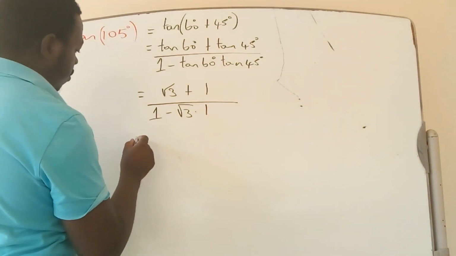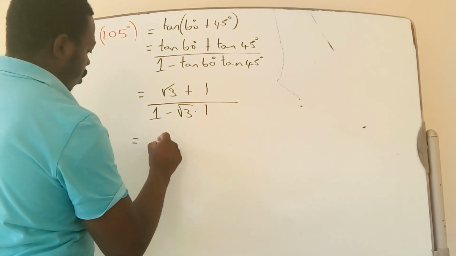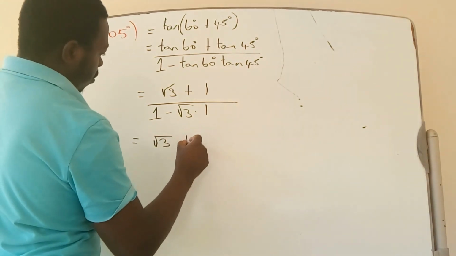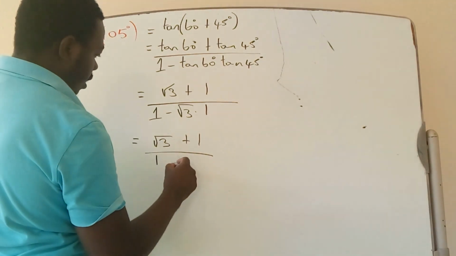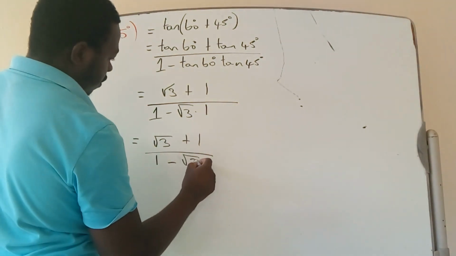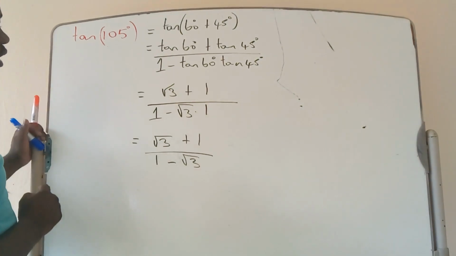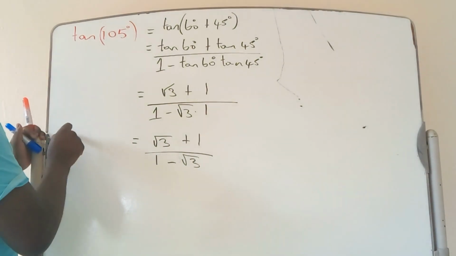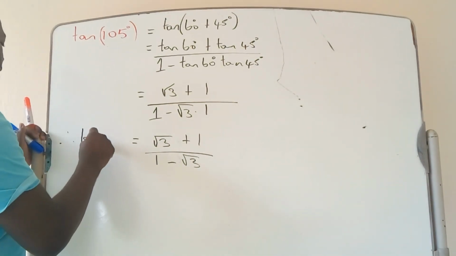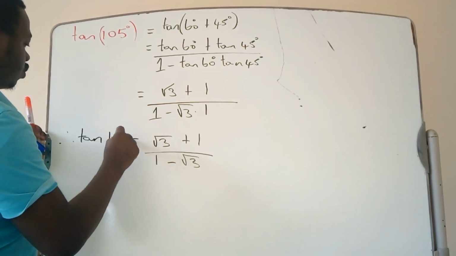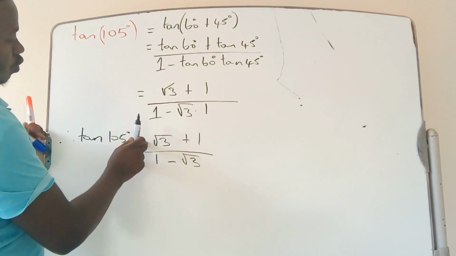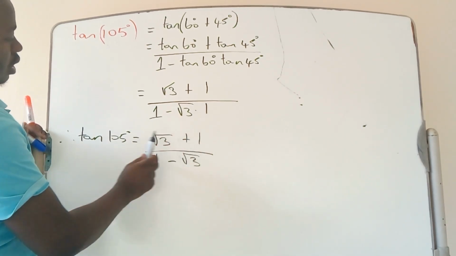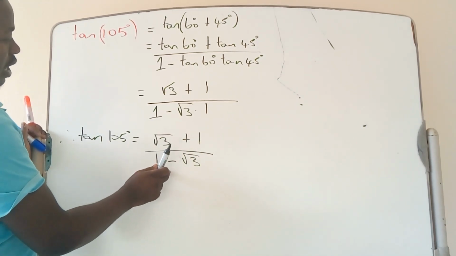So this can be simplified to be root 3 plus 1 all over 1 minus root of 3. Clear there? So therefore, tangent of 105 degrees is equal to root 3 plus 1 all divided by 1 minus root 3.